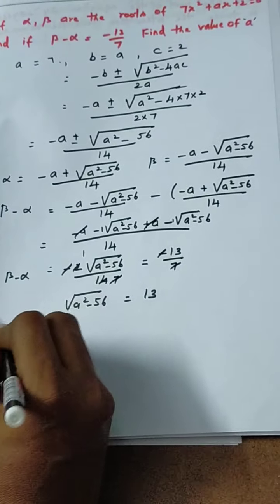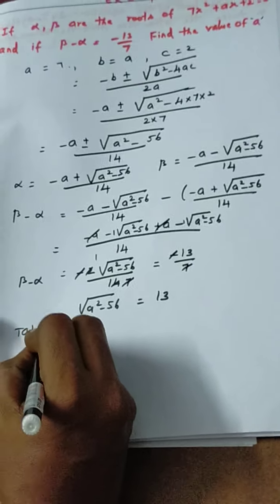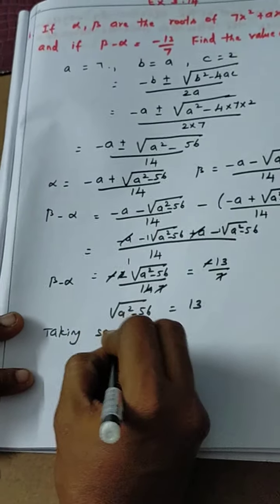Taking square root on both sides. On the left-hand side the square root is removed, and on the right-hand side apply the square. So a square minus 56 equals 13 square, which is 169.